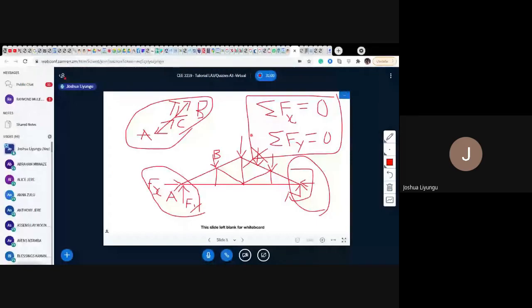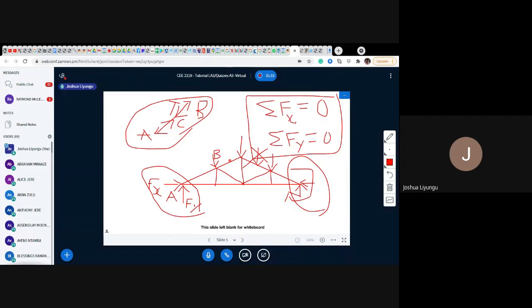It is not in tension, it is now in compression. So when you go to the next joint, reverse the assumption that you had made on joint A. So if at joint A you had assumed it is in tension, you find your answer is negative. When you go to joint B, you need to apply the correct sense. I hope that is clear.